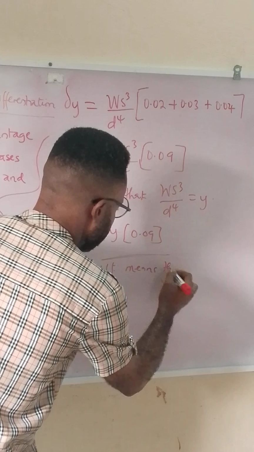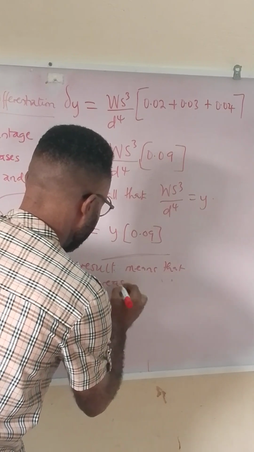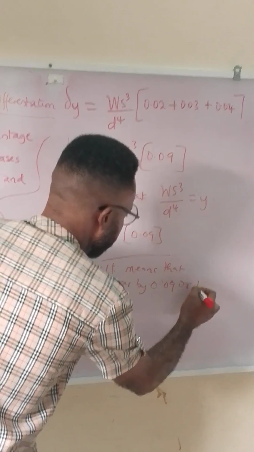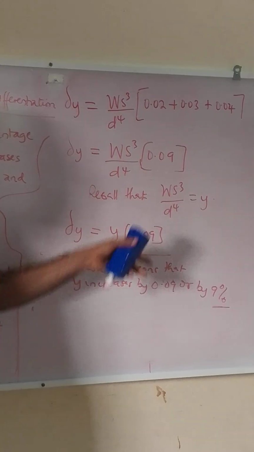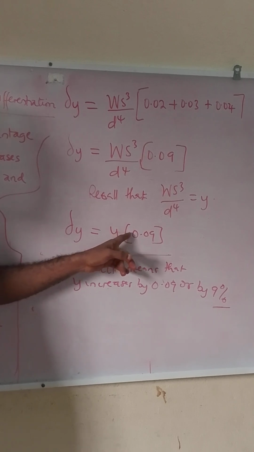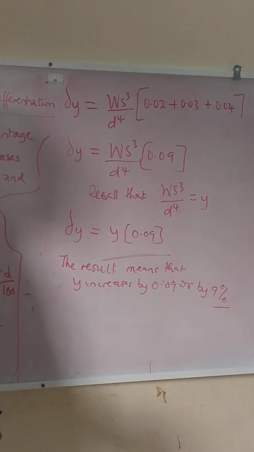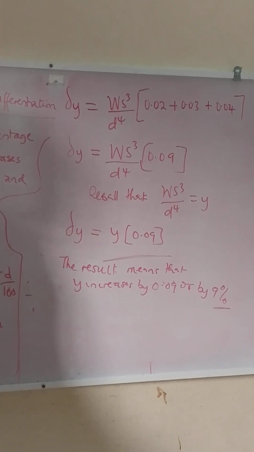We are saying it increases because the answer is positive. Assuming it was negative, y would have decreased by 0.09, but since it is positive, we say that y increases by 0.09.